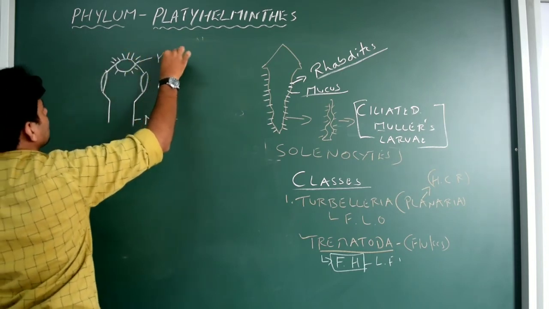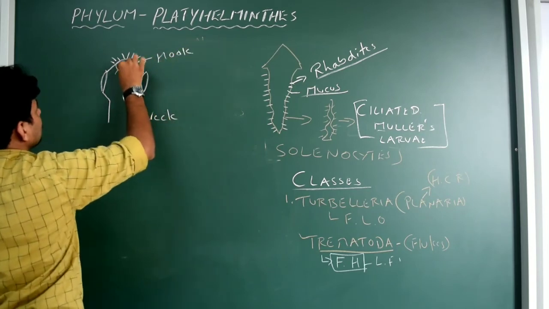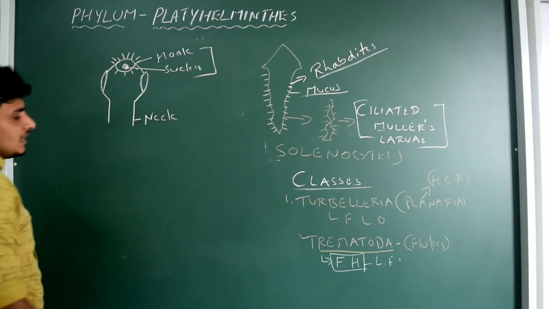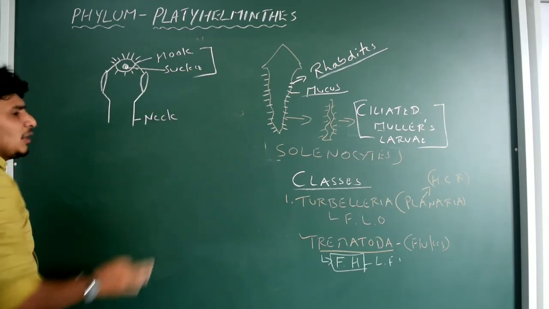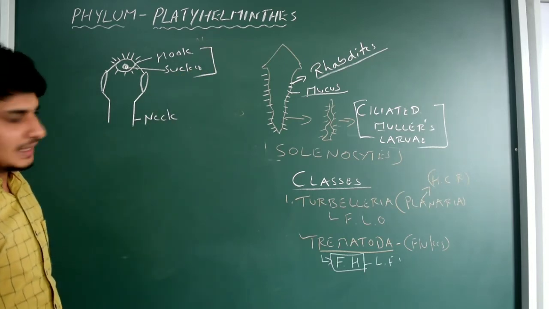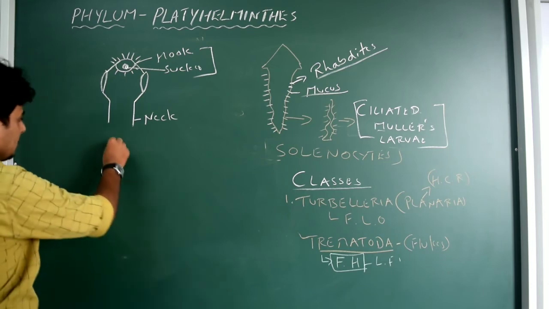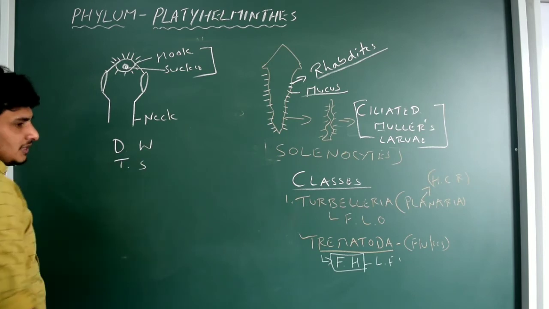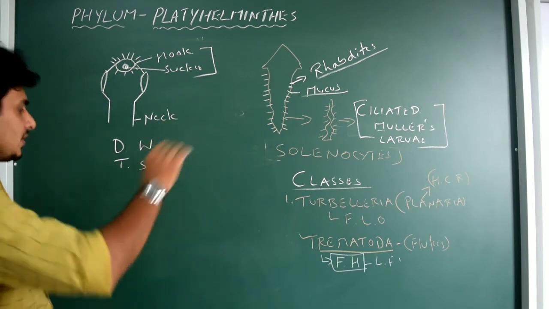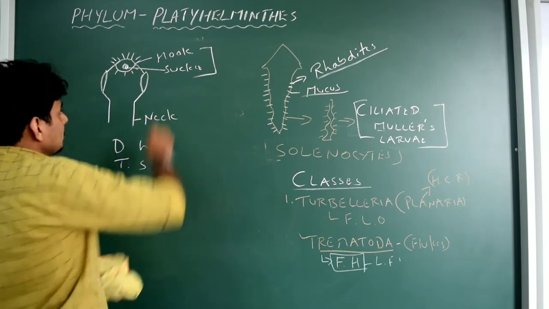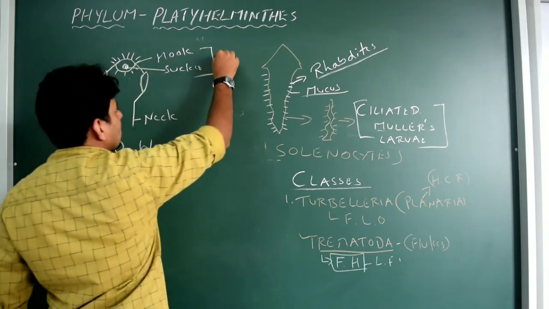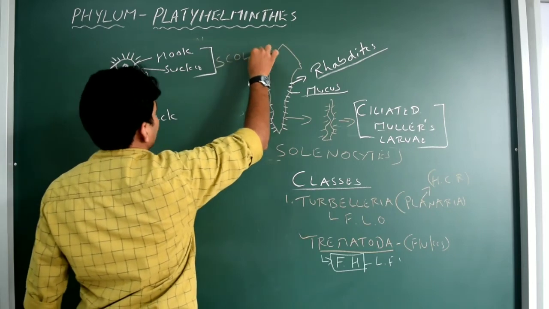This is nothing but the hook, and here you see sucker, hook and sucker in the case of tapeworm. So you take any type of tapeworm, dogworm or maybe Taenia solium, whatever it is. Let me write dogworm and Taenia solium. Okay. So you see this hook and sucker in its anterior position. That is called the scolex. The region is called the scolex.